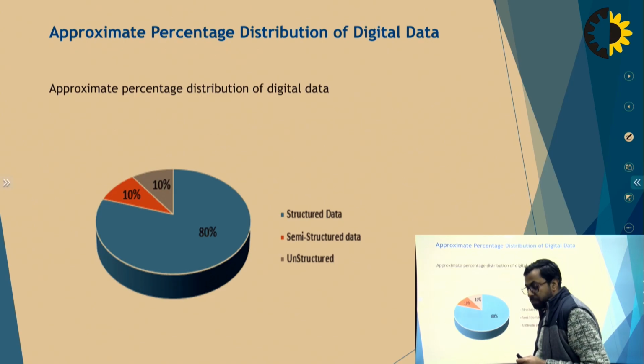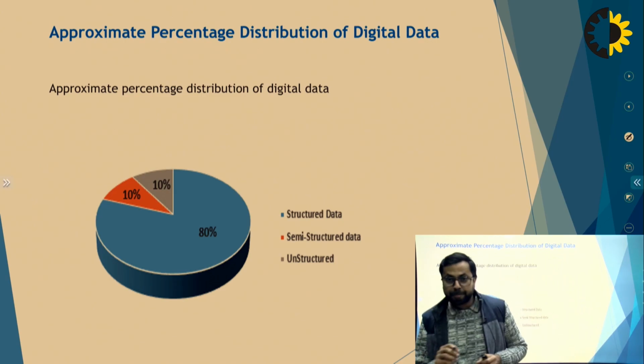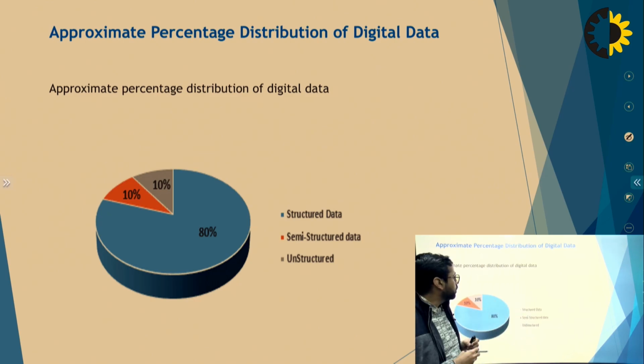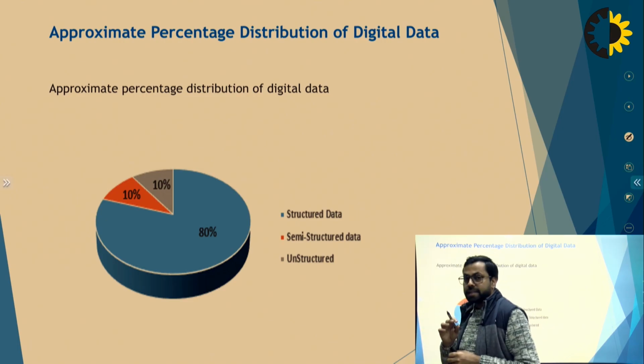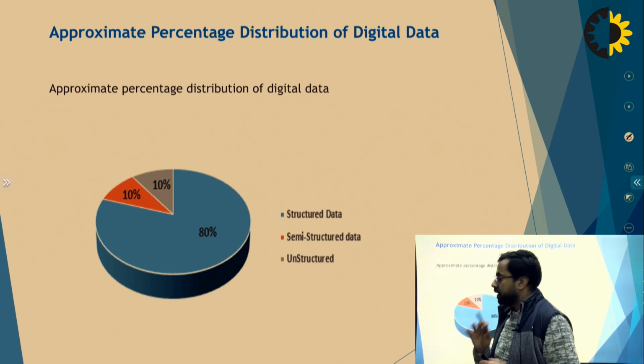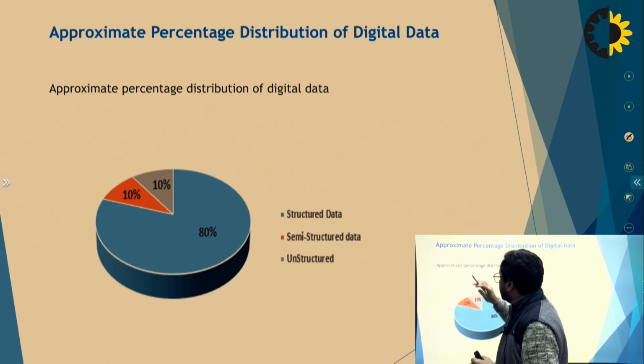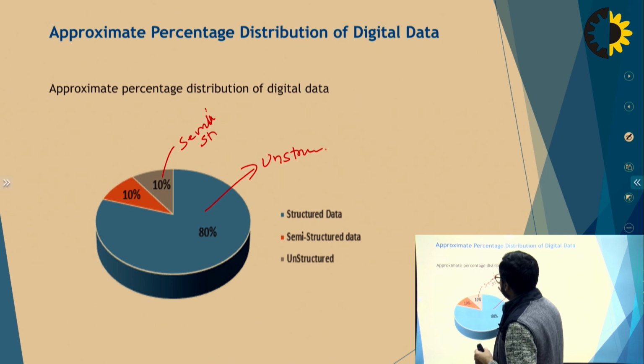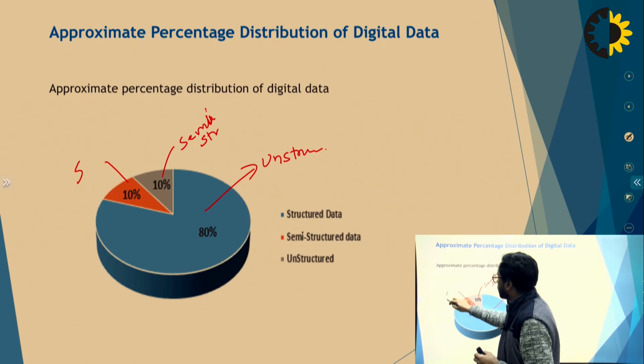And what is the presence or existence across the whole world of big data? We understood that there are three subcategories of big data. This is known as the unstructured data, this is the semi-structured, and this is the purely structured data.